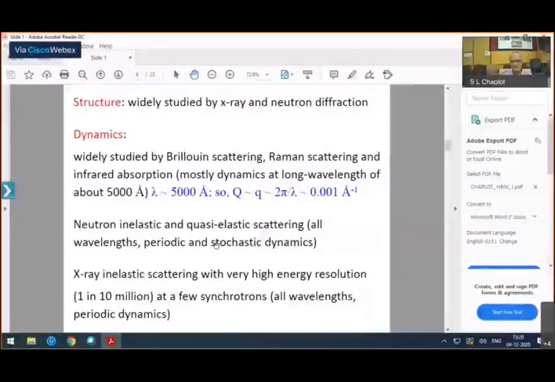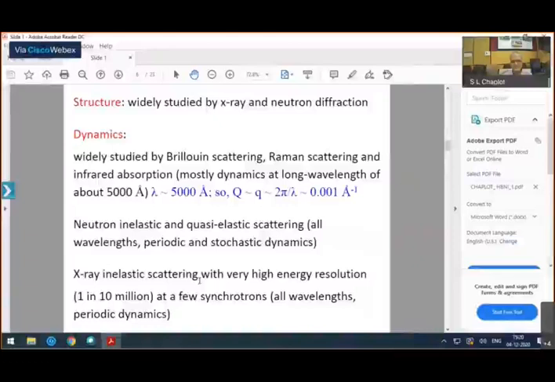And again, the stochastic dynamics, which involves small wavelengths or disturbances at a very small distance of a few angstroms, like diffusion from atomic site to site, can be studied using neutrons because the wavelength matches the corresponding distance involved in these dynamics.